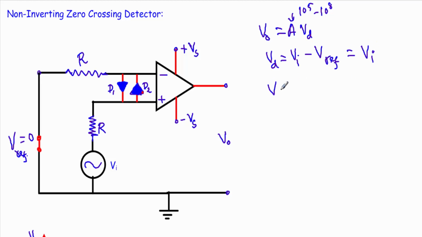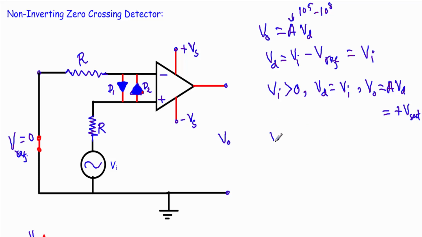When Vi is greater than 0, that means the input voltage is positive, so our input voltage difference equal to Vi will also be positive. Therefore our output voltage Vo equal to A Vd will also be positive, and it will operate in the positive saturation region.